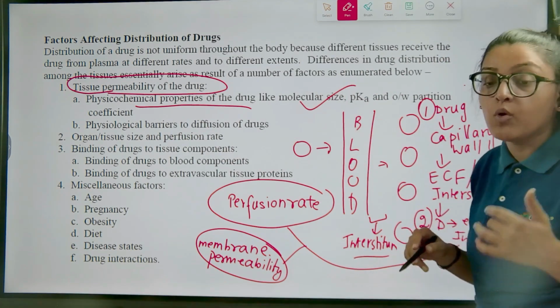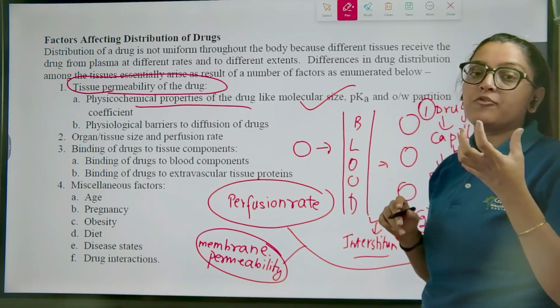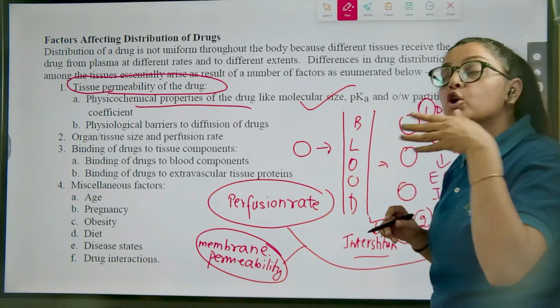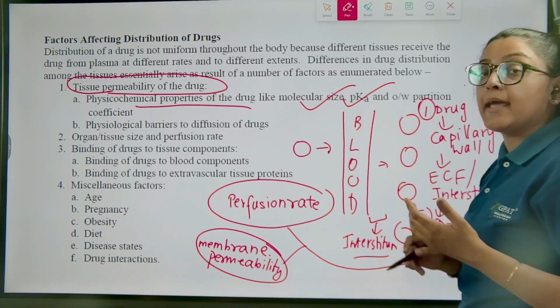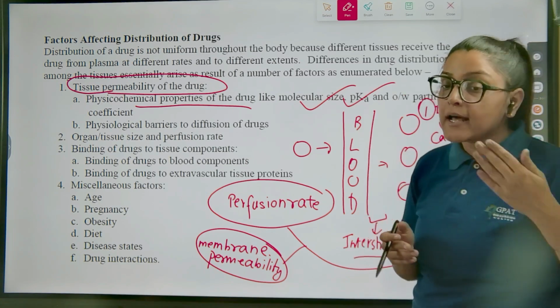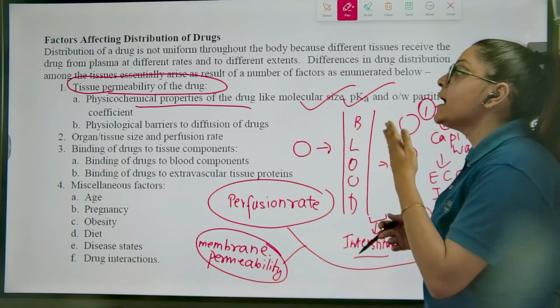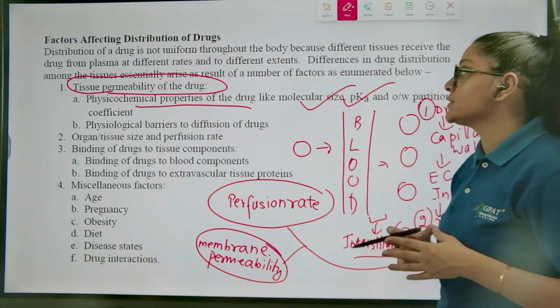You already know that a size of more than 400 Dalton will be very difficult for the drug molecule to cross the membrane, which we have seen in drug absorption also. Then the pKa, based on the drug nature itself, whether it is ionized or unionized fraction, is going to decide whether it will be able to pass across the membrane.